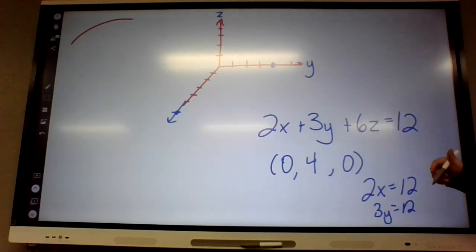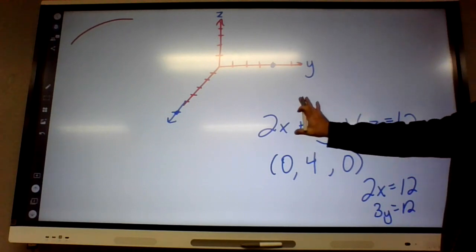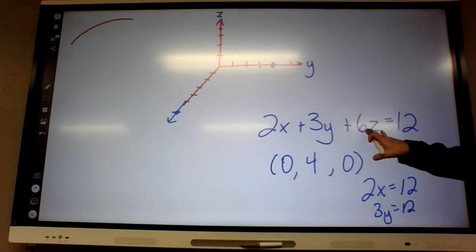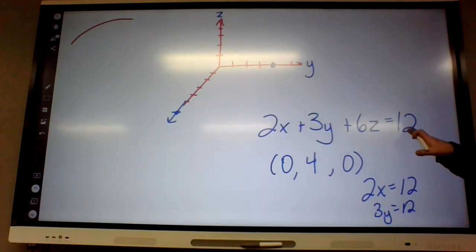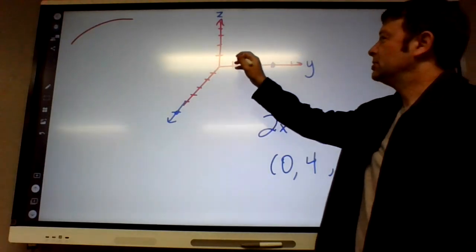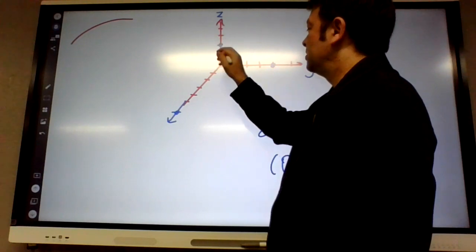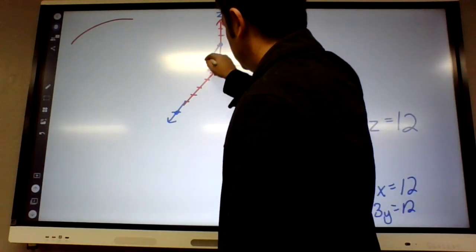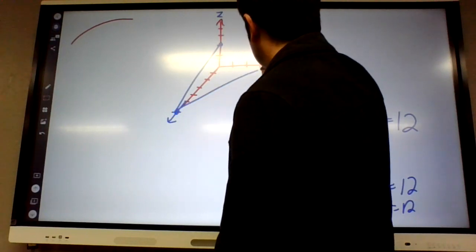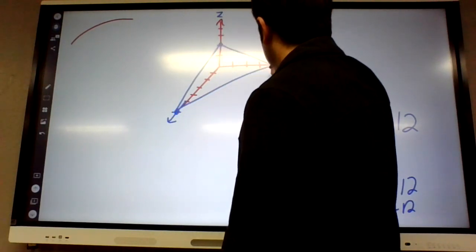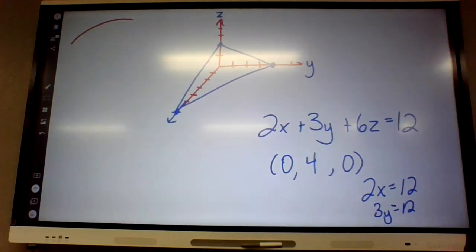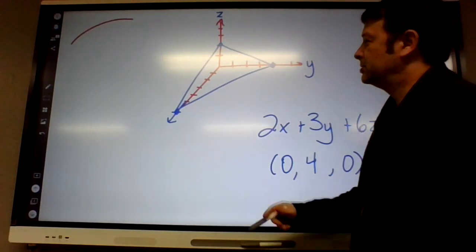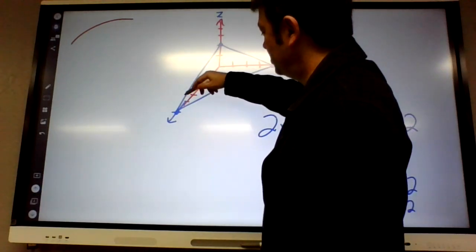And then for the z, if x and y are 0, then I just have 6z equals 12. So z is 2. Okay? And you connect the dots. And then lightly with your pencil, shade in the plane.